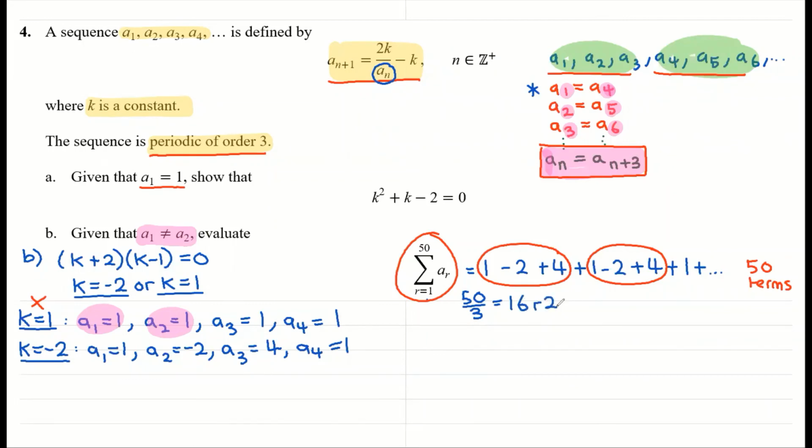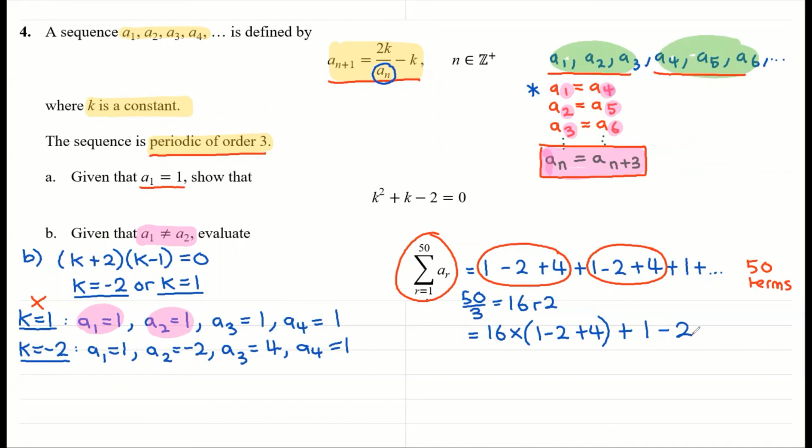So you're going to have 16 groups of 3 plus 2 extra terms. All right, now just because we've done a couple of these, it's quite straightforward. So you're going to have 16 lots of this 1 subtract 2, add 4. Okay, there's 16 of those groups of 3, but then you're going to have to add 2 more terms. So we're going to have to add the 1 and then subtract the 2.